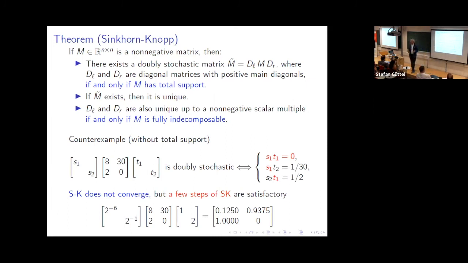So it's impossible to solve it. If you run this Sinkhorn-Knopp algorithm on this matrix, it's going to diverge. The diagonal matrices will go either to infinity or to 0. But if you only do a few steps of this algorithm and you stop early and you use powers of 2, you get a perfectly acceptable scaled matrix.